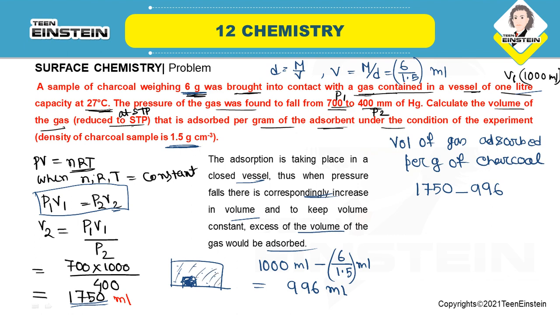Though it is 1 liter, this is the available space, which is slightly lesser than 1000. See, it is 996, that means 4 ml is only for this charcoal.